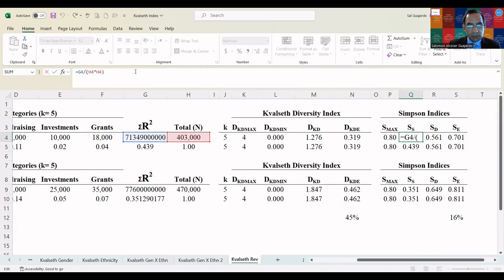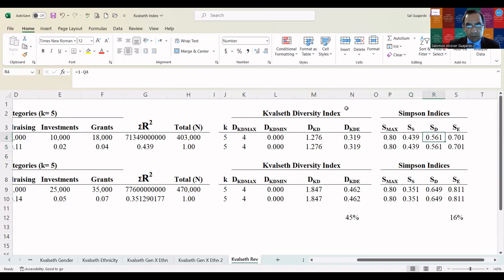In this case, I use the frequencies, so it's going to be the frequency of each revenue source divided by total revenue times total revenue, so that's n squared. When I do that, that gives me a concentration score of 0.439.